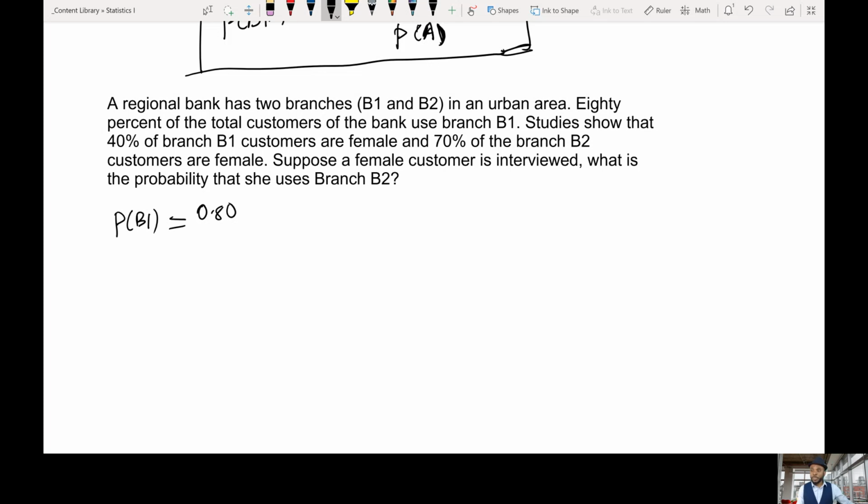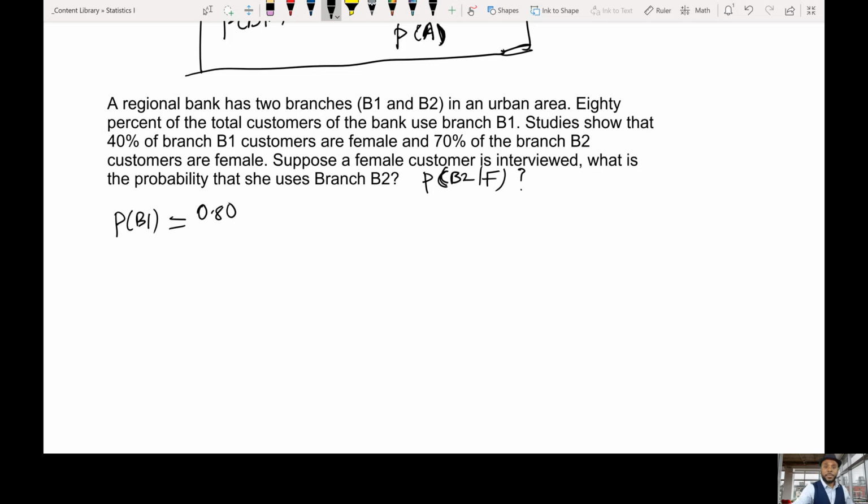Now, what are we trying to find? What is the probability that she uses branch B2? That's the probability of B2 given female. That's what we want to find.